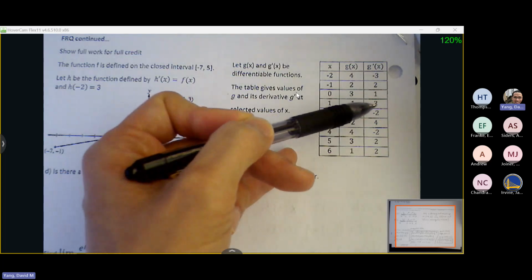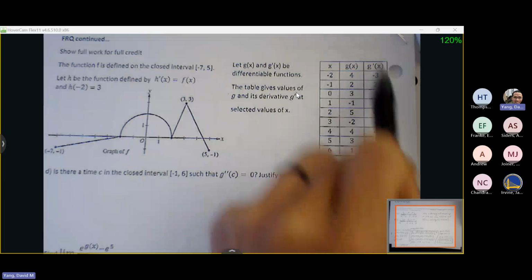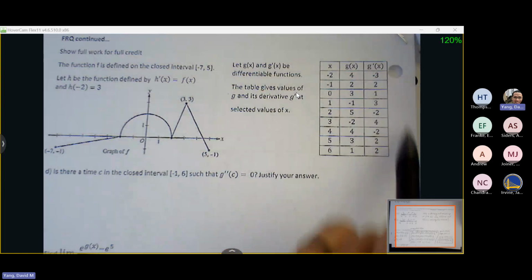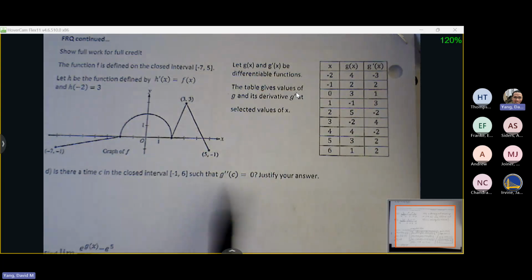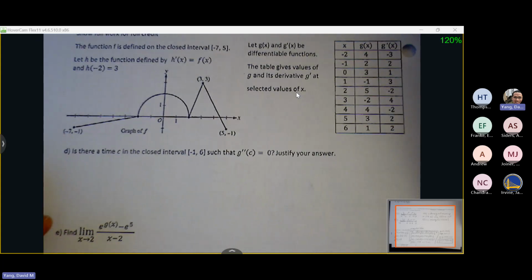We know that G double prime is the slope of G prime, so maybe if I can show that G prime slope is 0, then G double prime. In a way this would end up being Rolle's theorem, but we just look at the steps from mean value theorem and it'll take care of itself.